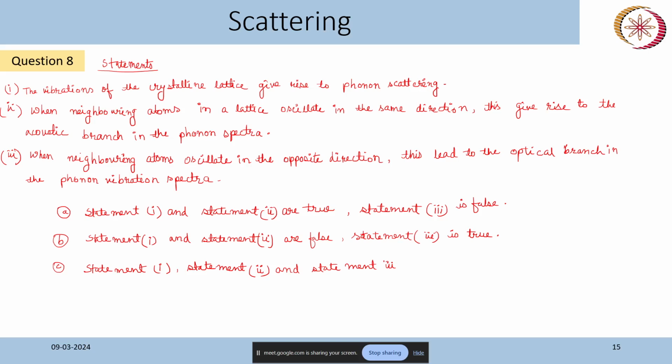The fourth option is option D. Statements 1 and 3 are true, 2 is false.